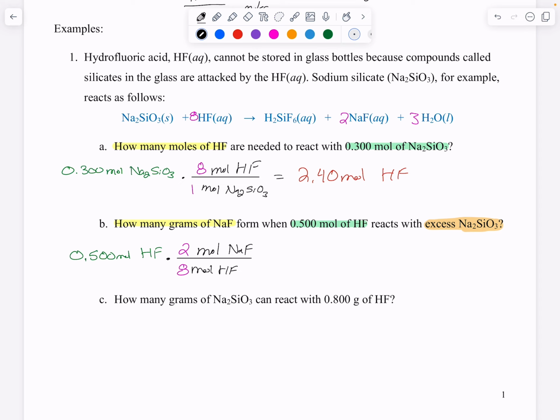Now we're in moles of NaF, but we don't need moles of NaF. We need grams. So we have another step. 1 mole of sodium fluoride happens to weigh what? Well, sodium is 22.99 and fluorine is 19. And so I get 41.99.